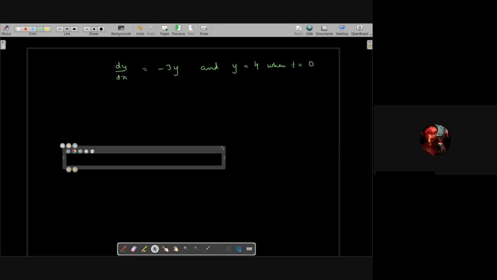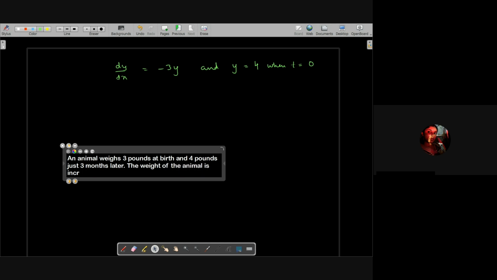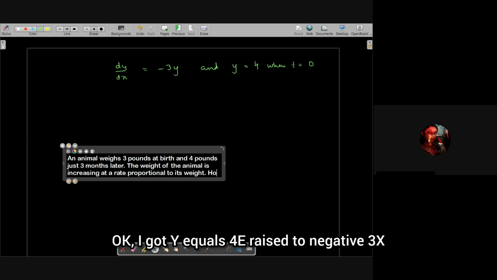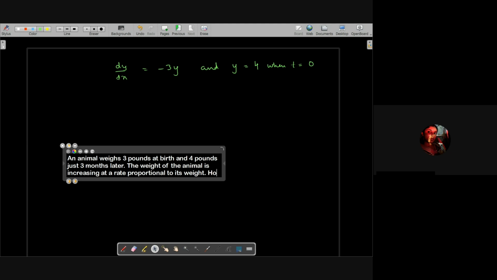Okay, I got y equals 4 e raised to negative 3x. Yeah, that's correct.